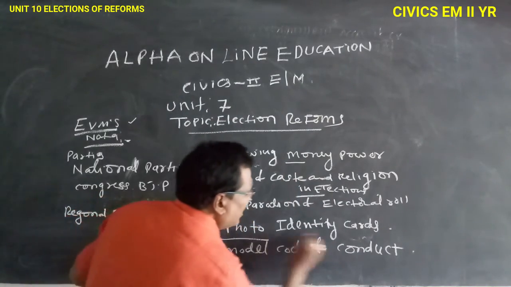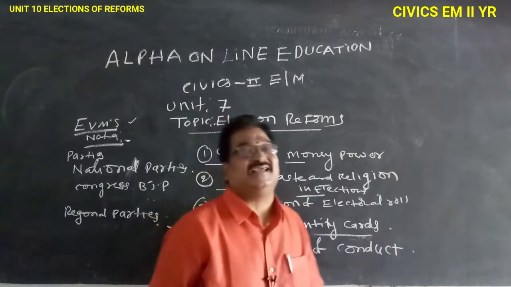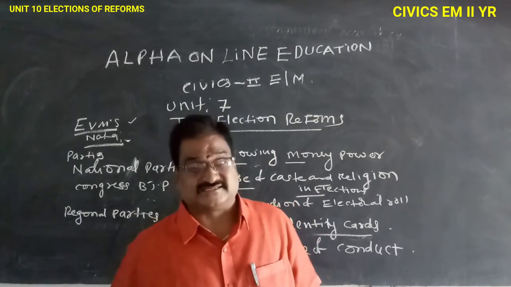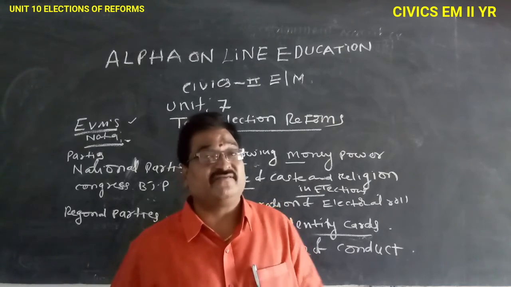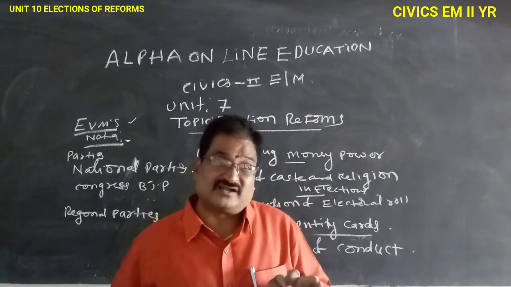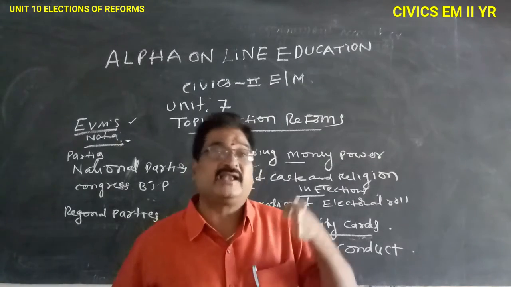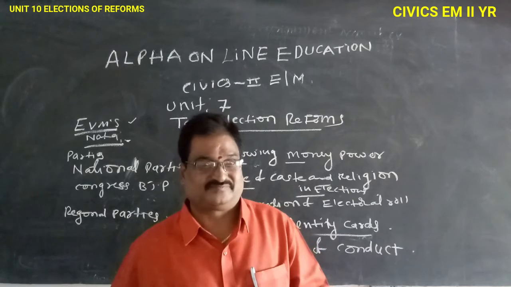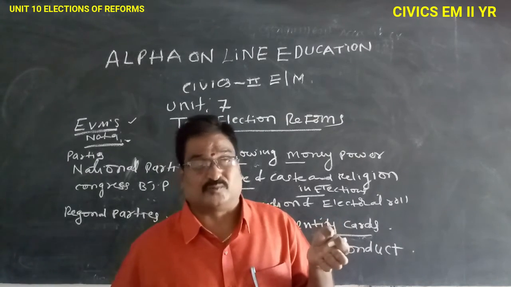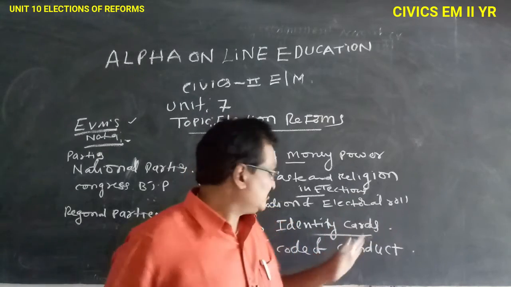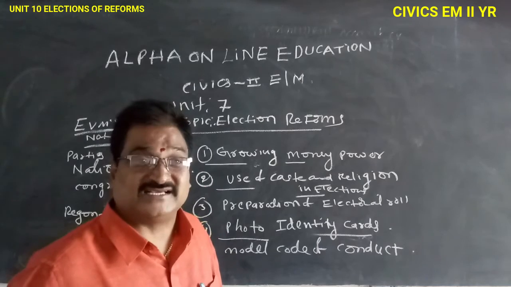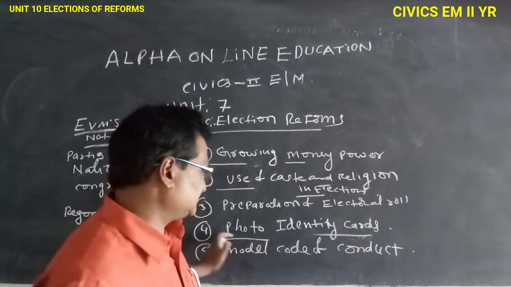And then photo identity cards. Recently, at the time of Mr. T. N. Seshan, he implemented the photo identity cards. Now the expenditure of those cards is borne by the central government and state government. Now some states do not give this financial support to these identification cards.